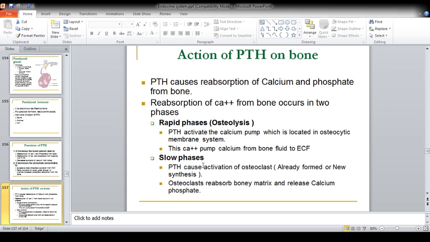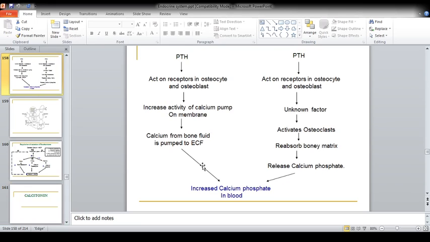So the whole cycle which was taking place earlier is being repeated here. In both phases, the slow phase and the rapid phase, this would be the result. This is how the parathyroid hormone would act. When the parathyroid hormone acts on receptors in osteocytes and osteoblasts, it would cause increased activity of the calcium pump on the membrane, and in turn calcium from the bone fluid is pumped into the extracellular fluid.